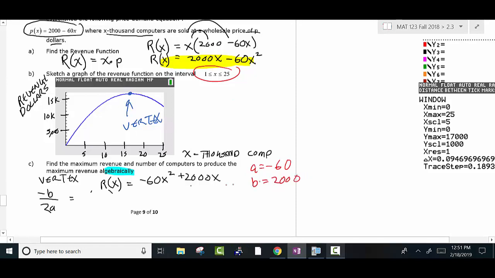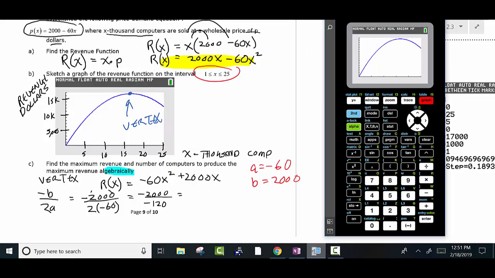Just plug those numbers into the formula. So what you would get is negative 2,000 over 2 times negative 60. And then we'll just use a calculator. So that's negative 2,000 over negative 120.